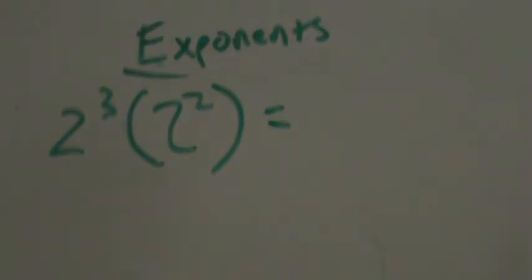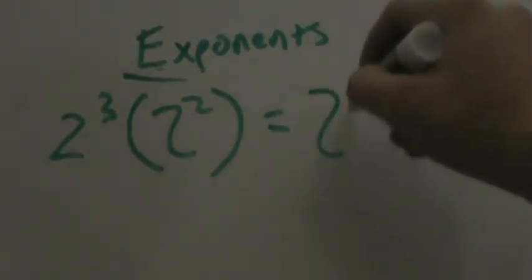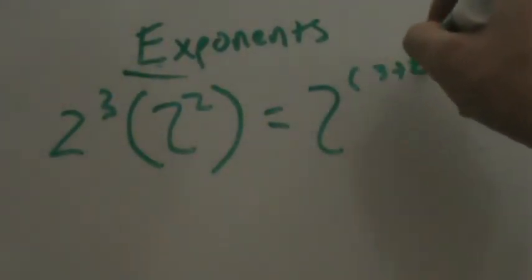So, now I'll talk about exponent rules. Let's say that you have 2 to the third times 2 to the second. Now what is this equal to? Well, this is equal to 2 to the 3 plus 2.